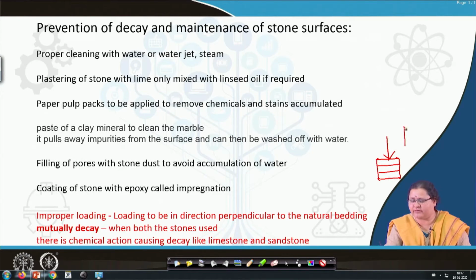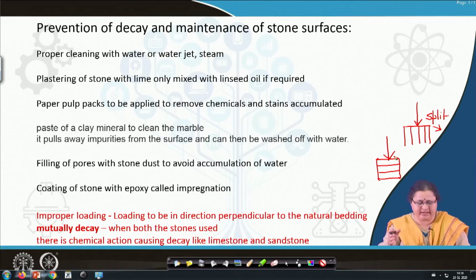If you do that in the wrong direction, it will lead to decay or split of the stone layers. So this is to be remembered: the stones are to be sitting on their bed, with the pressure falling perpendicular to it.